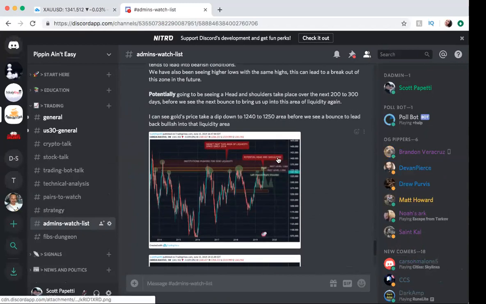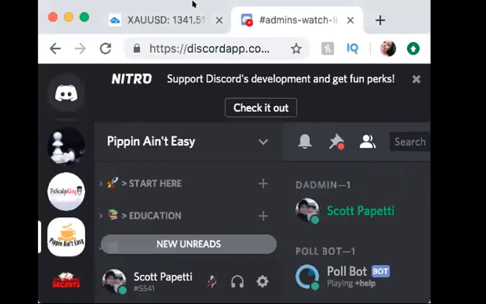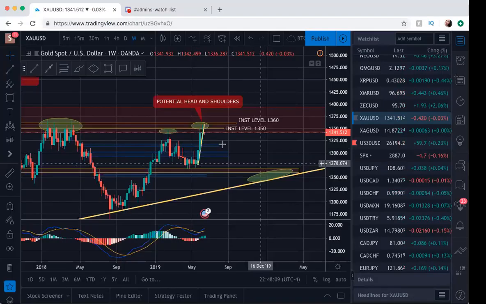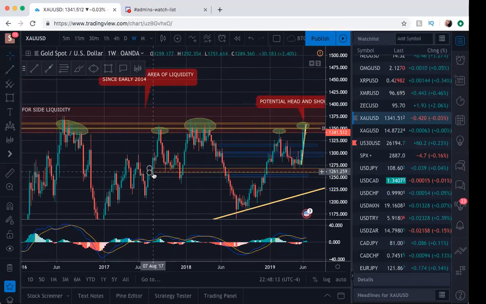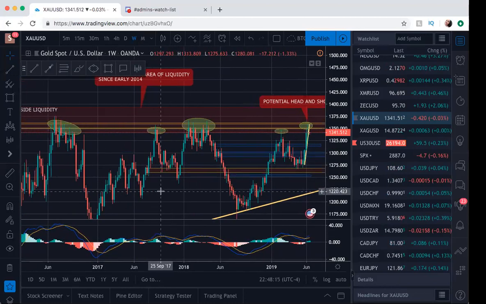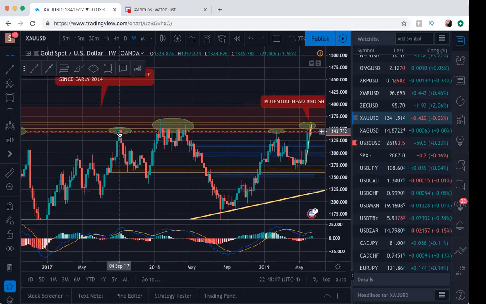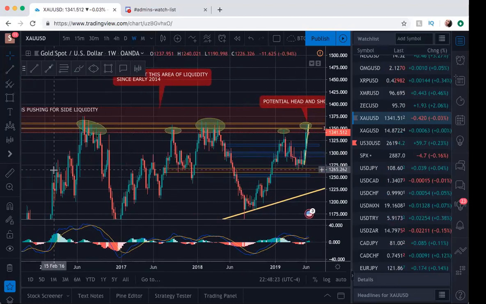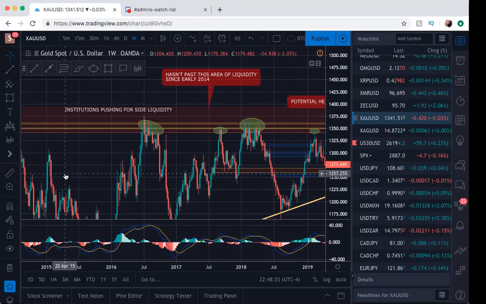So when gold is now making its hopefully bearish move down, you guys will be able to see what I mean by it is going to be coming down to this order block here. And look how well respected this order block has been. And this is on a weekly time frame. So has it been respected back here? Was there another order block?